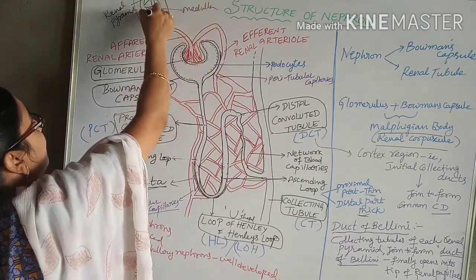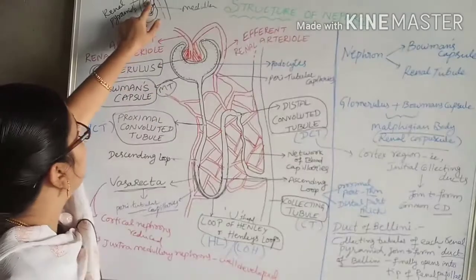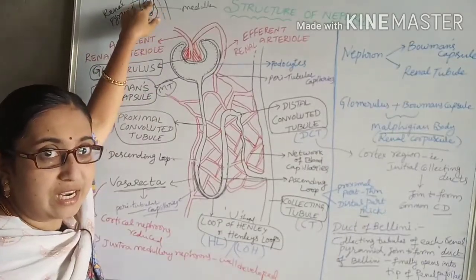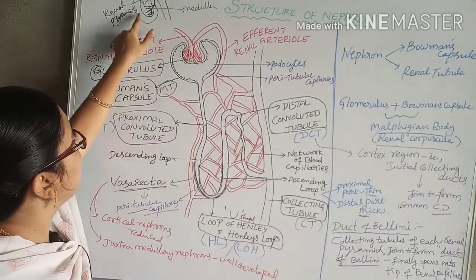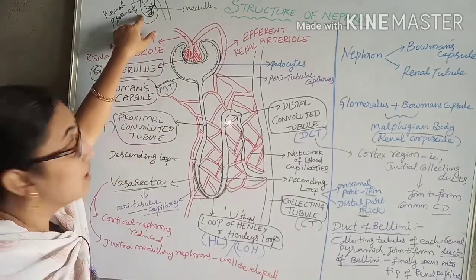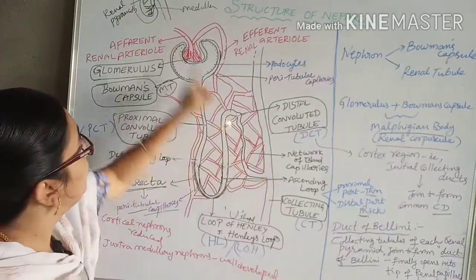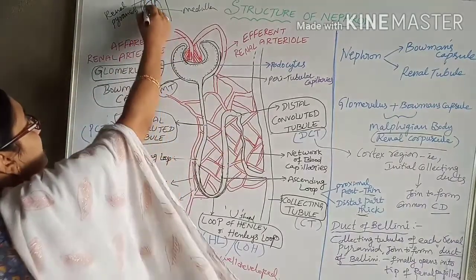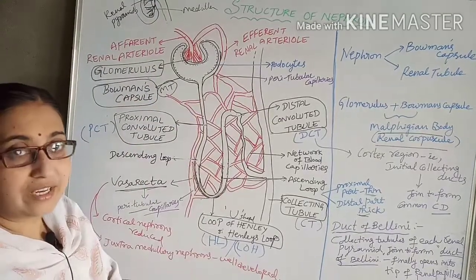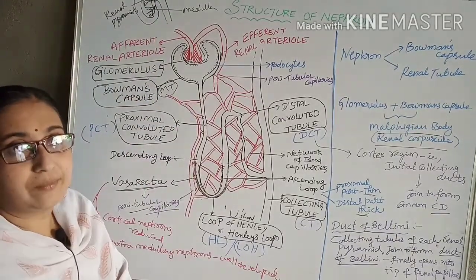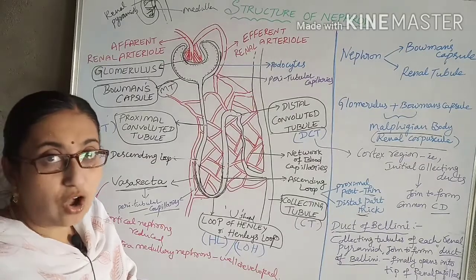So the renal pyramids are present in the medullary region part, whereas the Henle's loop is only present in the cortex region. The remaining parts, that is the collecting tubules, are present at this region, that is the pelvic region. So all the collecting tubules will collect into the duct and form the duct of Bellini.